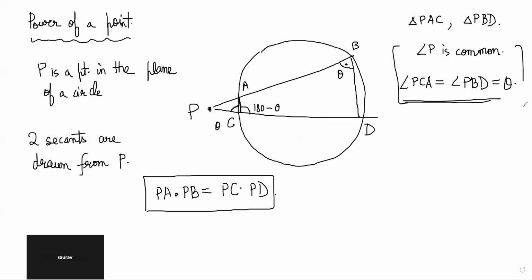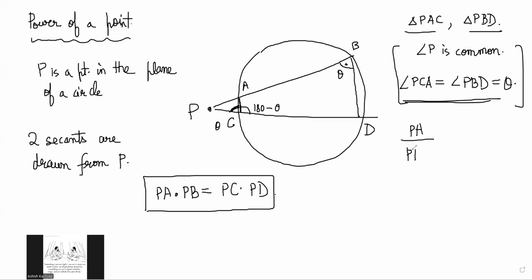So the triangles are obviously similar, and as soon as you get similarity, you can write the ratios of the sides now. We can say opposite to this angle theta in the small triangle is PA, and opposite to theta in the big triangle is what? PD.